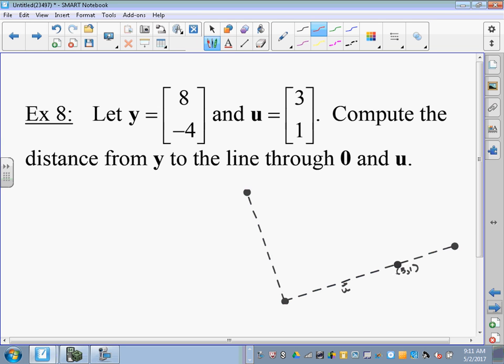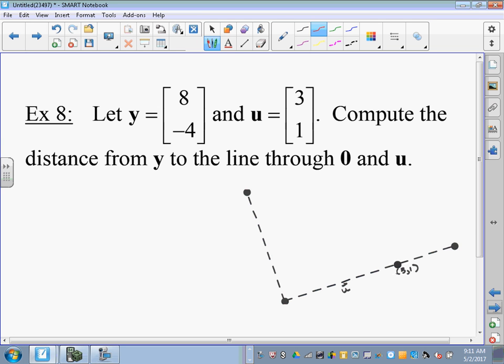Find the distance from y to the line through 0 and u. So we have this vector 3, 1, and we have 8, negative 4. I don't even know what that really represents. How do you find the distance from y to the line through 0 and u? How do you find the distance between two vectors? What do we need? Do you even know the second vector?